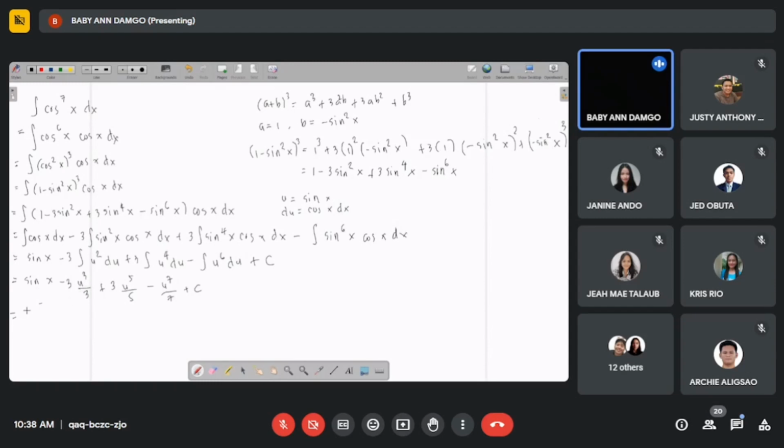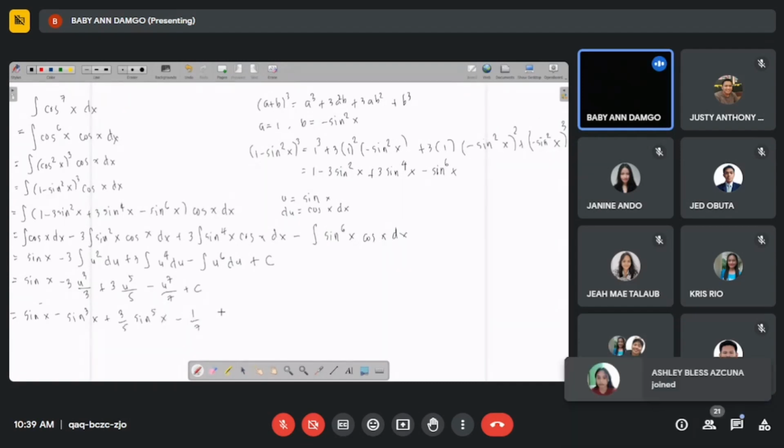We have sine x minus, so our u is sine cube x, plus 3 over 5 sine to the fifth x minus 1 over 7 sine to the 7x plus c. Okay?